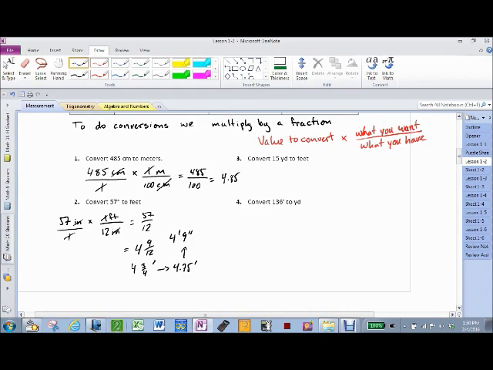Which one would be allowed to be on a multiple choice answer? All of them. Right? What if this was A, this was B, this was C, and then D was all of the above? D is correct, but a lot of you said 4 foot 9, circled it and moved on.